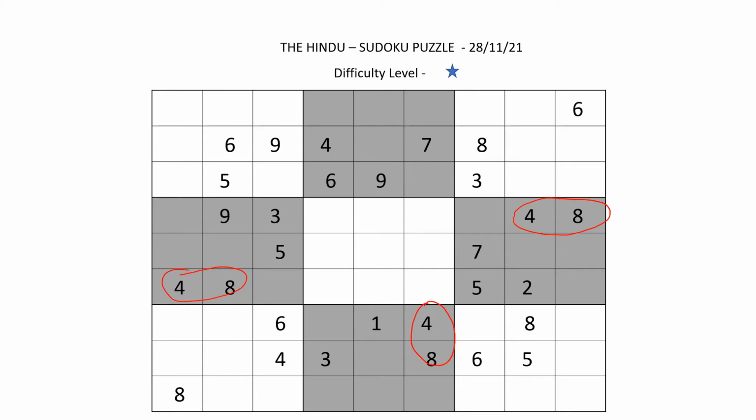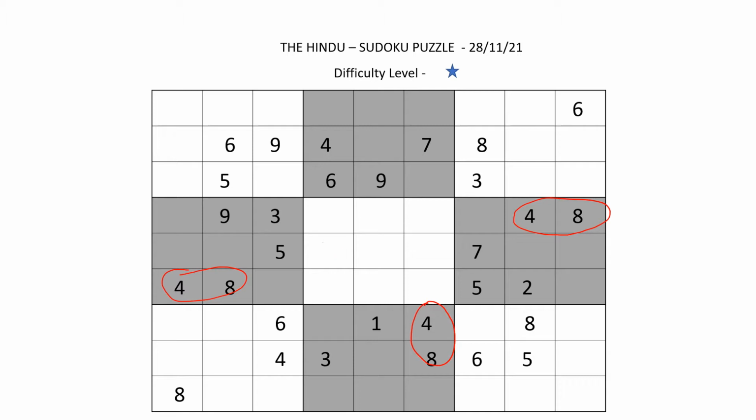So now this 48 pair blocks these cells. That means we cannot have any 4 or 8 here. This 48 pair blocks this cell and this 48 blocks these cells. So we have only these two cells left over where a 48 can come.